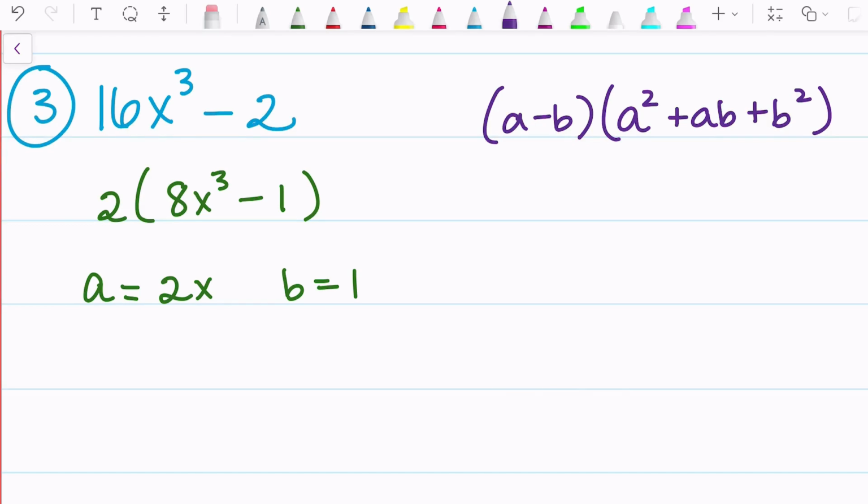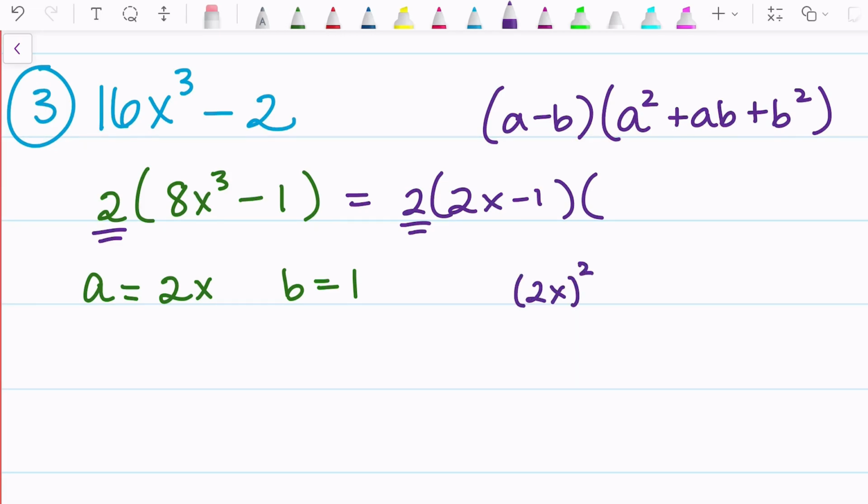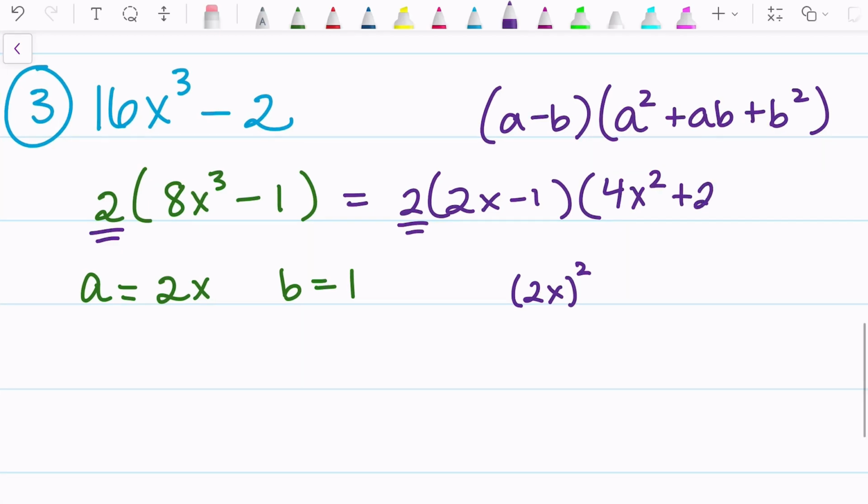And so I have 2x minus 1. It's just the cube roots of those things. Oops, the 2 goes on the outside. The GCF stays out here. And then I have my a minus b, which is 2x minus 1. And then I'm going to square 2x. If I take 2x and square it, that gives me 4x squared. Plus a times b. A is 2x, b is 1, so that's 2x. Plus b squared, which is 1 squared, which is 1.